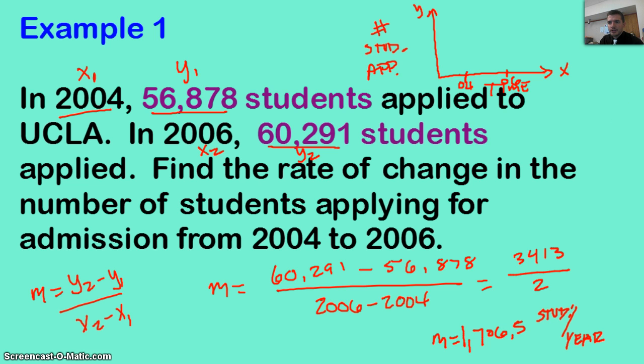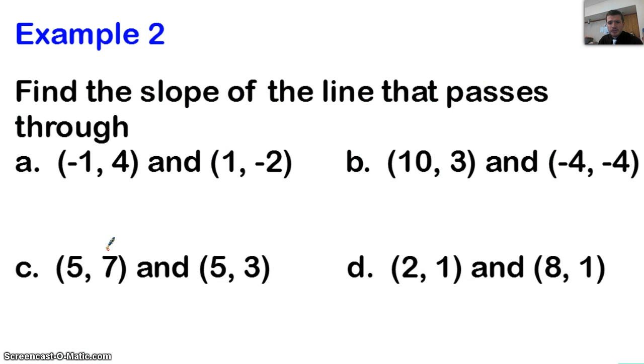All right, let's go to the next one. Now these are simpler. You're going to see these are just the standard kind of problems as we go through. I like to label mine, so I'm going to go ahead and do that. This one will be x1, y1, x2, y2.